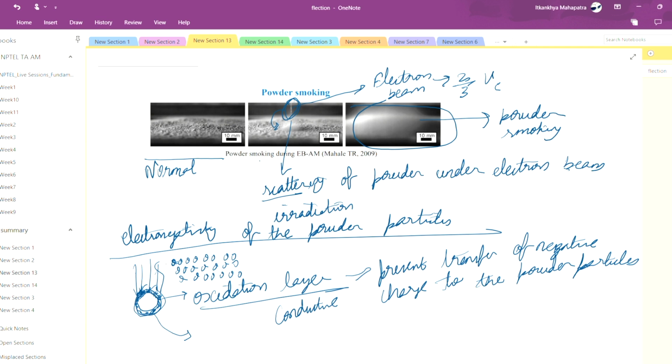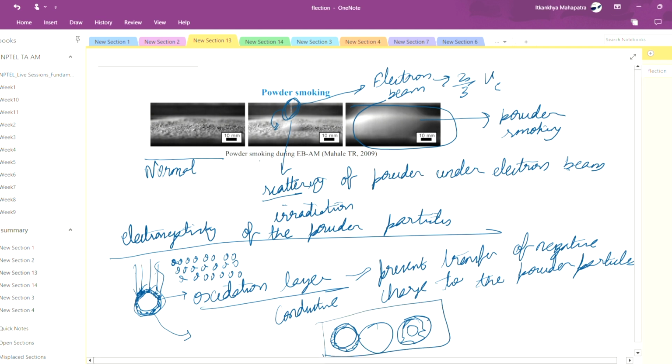Now in the adjacent particle, again electrons will be trapped. Ultimately, this will create a cloud of negative charge because each trapped particle will have a negative charge. Now before, the problem was only with the beam. The electrons in the beam have a negative charge, but the powder particle is also negatively charged. What will they do?